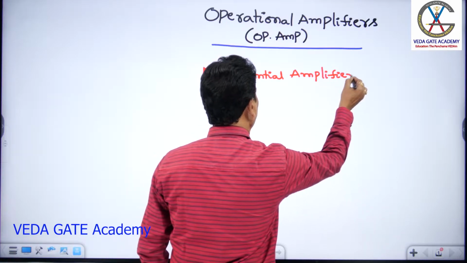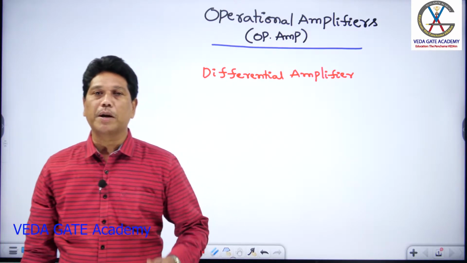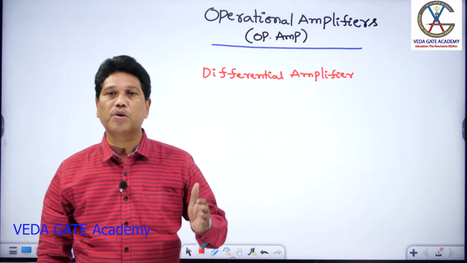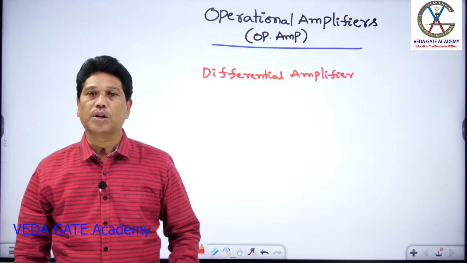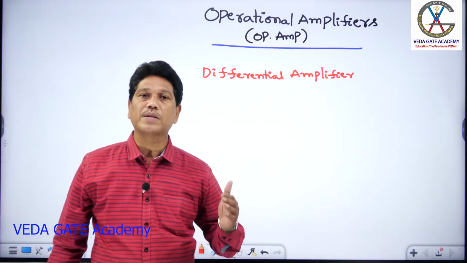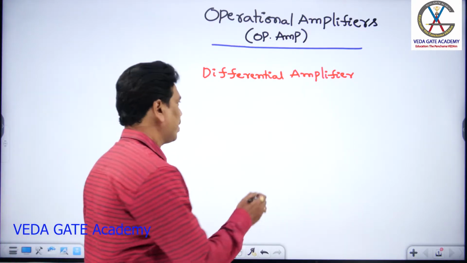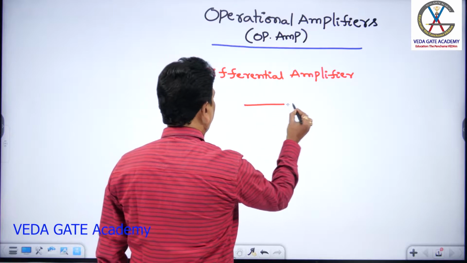The name itself indicates that in the case of differential amplifier, the output depends on the difference of the two input signals you applied. The output does not depend on the individual inputs.